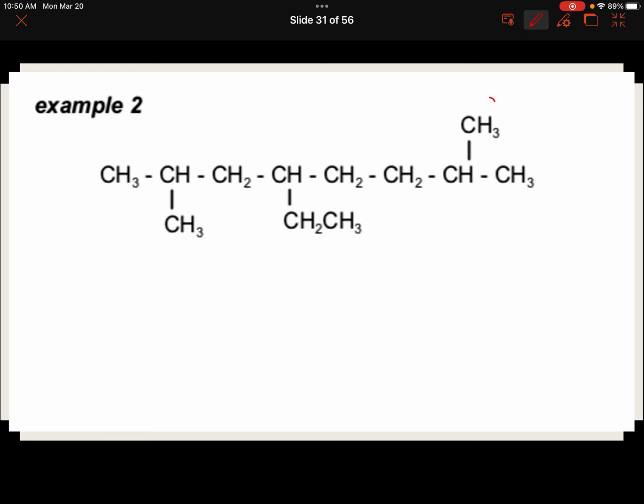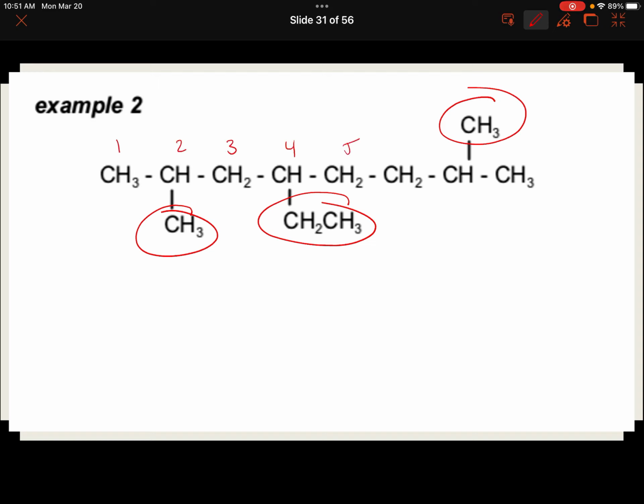Here's another example. So once again, identify your substituents. Once again, we have 2 methyls and then an ethyl. Just start, once again, on either side. So we're going to number 1, 2, 3, 4, 5, 6, 7, 8.